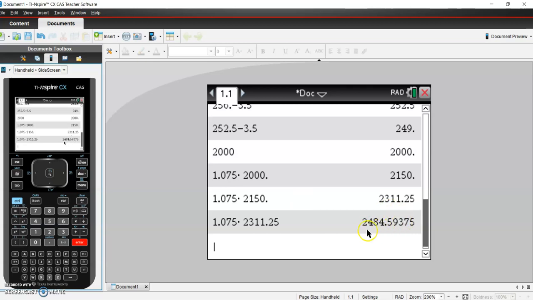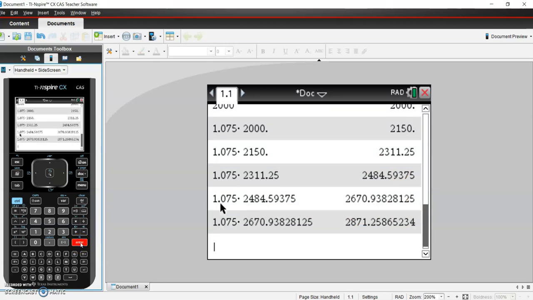So we'll have $2,484.59. Okay, we'll continue here. At the moment we've done 3 years. So when will it first exceed 2,500? That's 4. So 4 years was enough to get us over that value there.